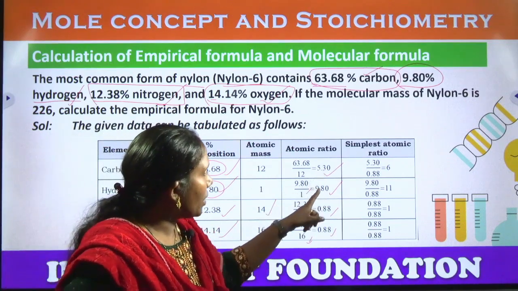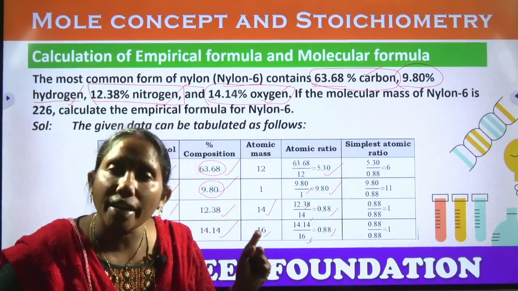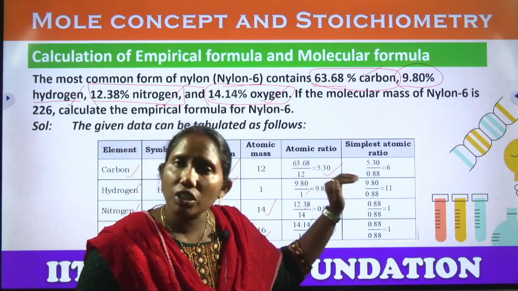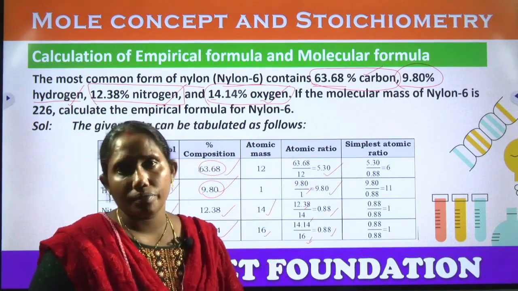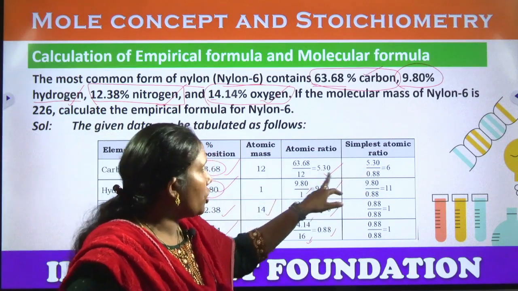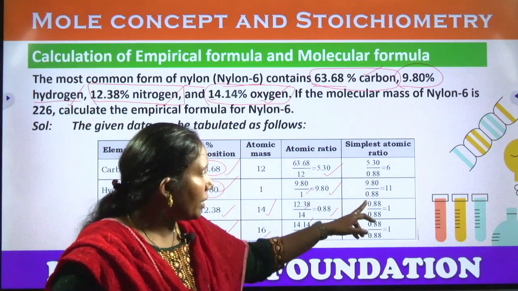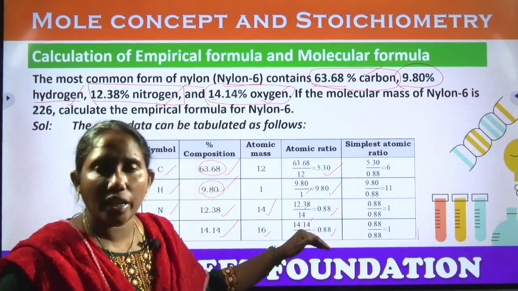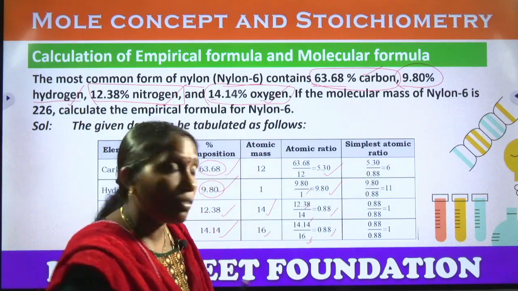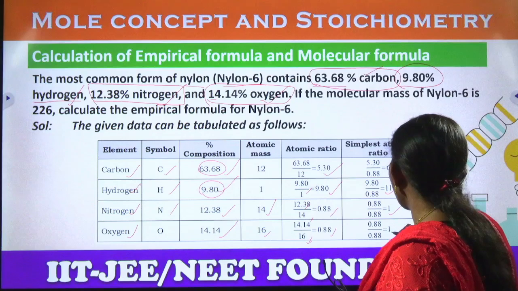It is 0.88. So you have to divide all the atomic ratios by 0.88. See, 5.30 by 0.88, 9.80 by 0.88, 0.88 by 0.88, 0.88 by 0.88. Now you calculate: 5.30 by 0.88 gives you 6, and this one gives 11, and the others are 1 and 1.